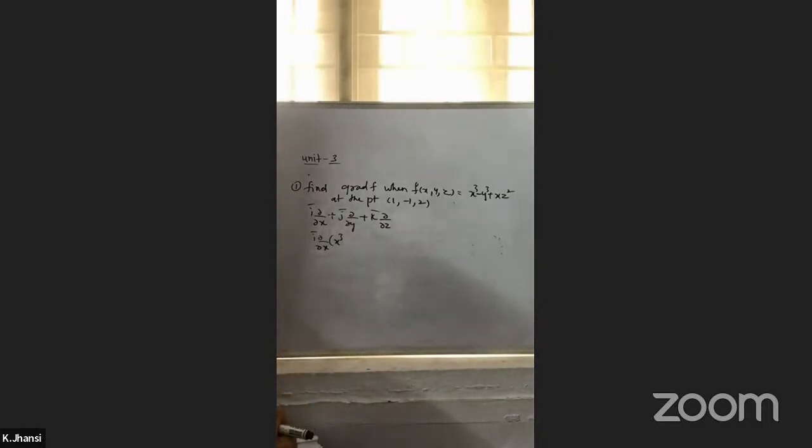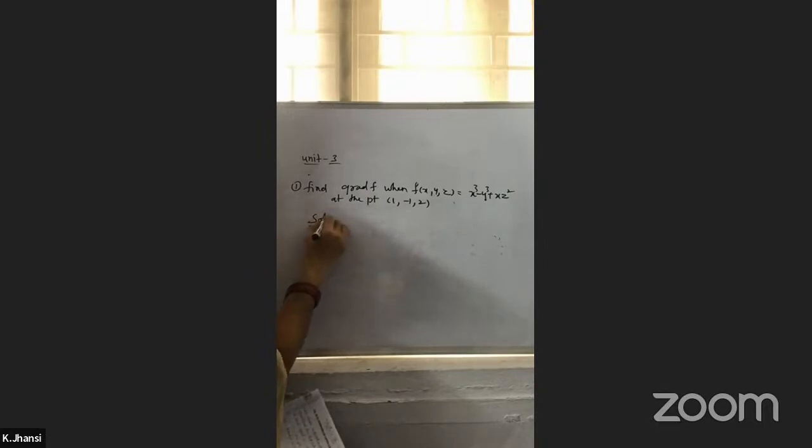So the point is 1 comma minus 1 comma 2. Here in the solution, grad f is equal to del f. Our function f is x cube minus y cube plus x z square. What is del?